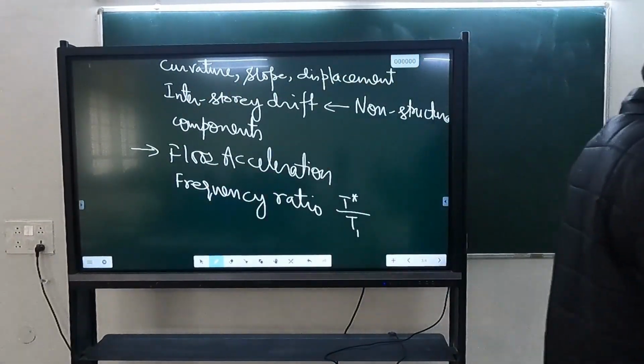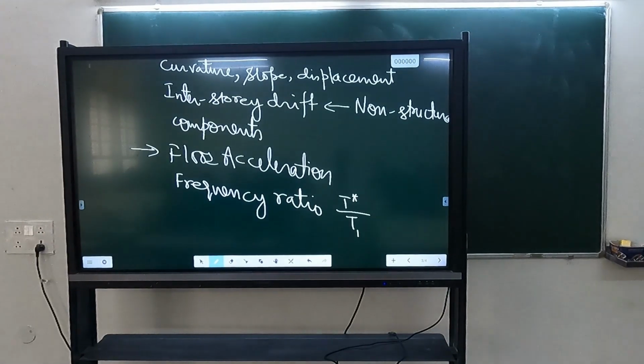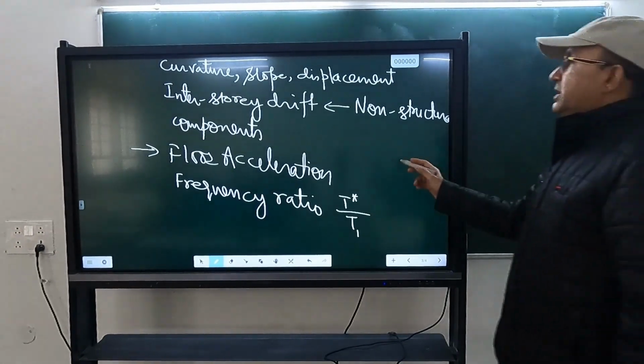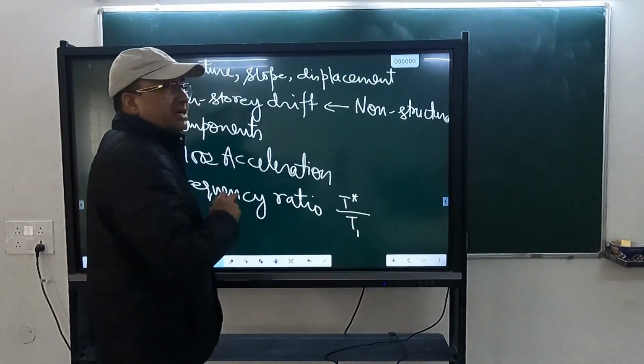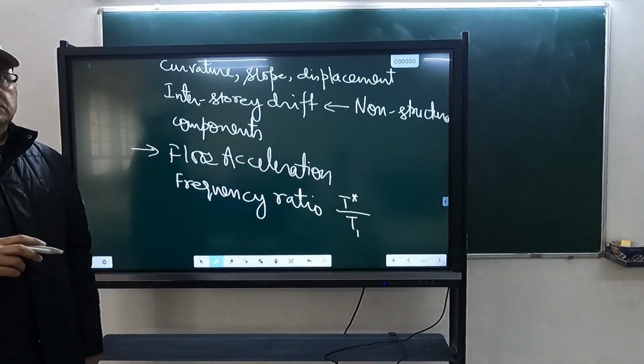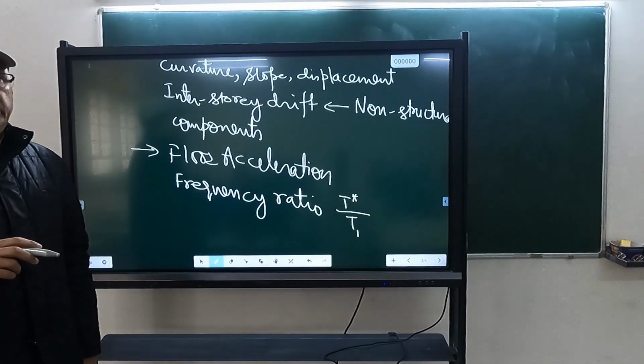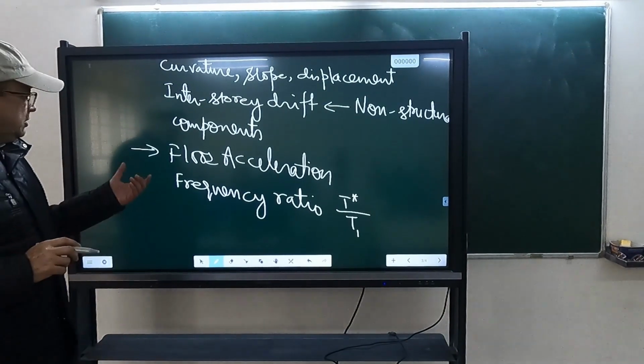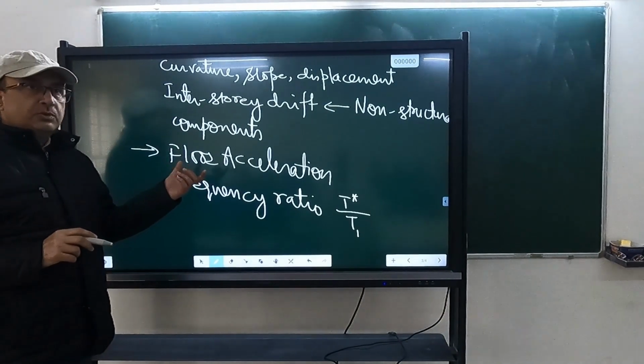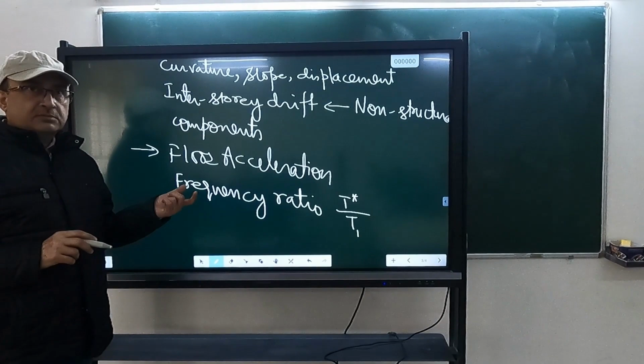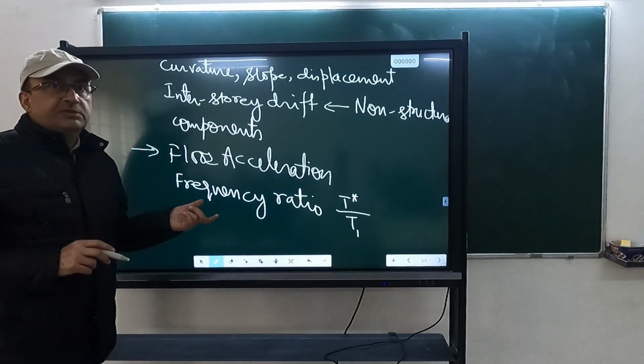If this T star by T1 is close to 1, then the secondary elements will be subject to much larger force. So floor acceleration is also one of the EDPs. This is also a parameter which we have to check.